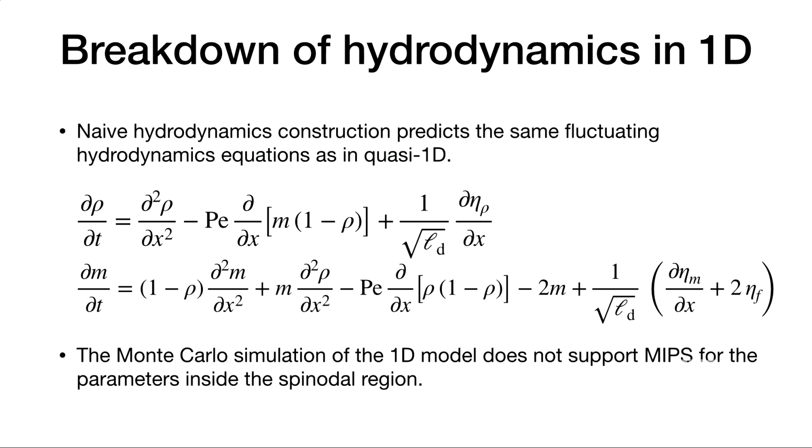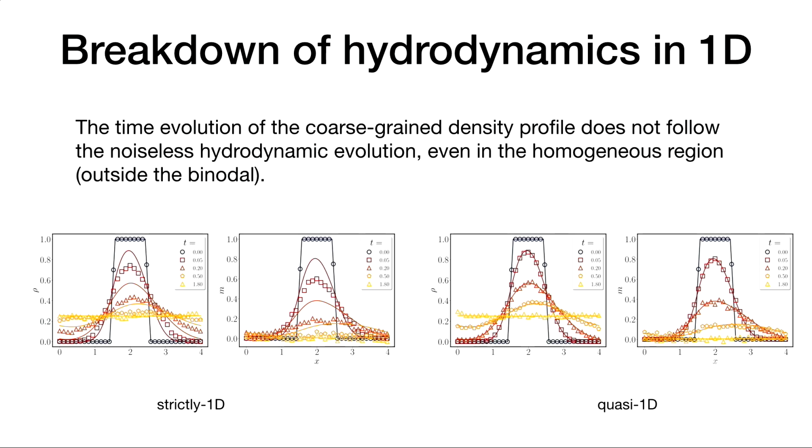But it turns out that this hydrodynamic equation does not describe the evolution of the microscopic model. For example, this hydrodynamic equation supports MIPS, it gives the MIPS solution, right? But if you do a simulation, you don't see MIPS, or if you start with a phase separated state, it actually breaks down. It takes a long time to break down, but that state is not supported.